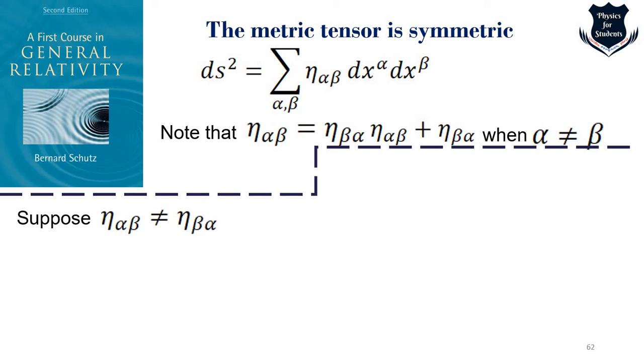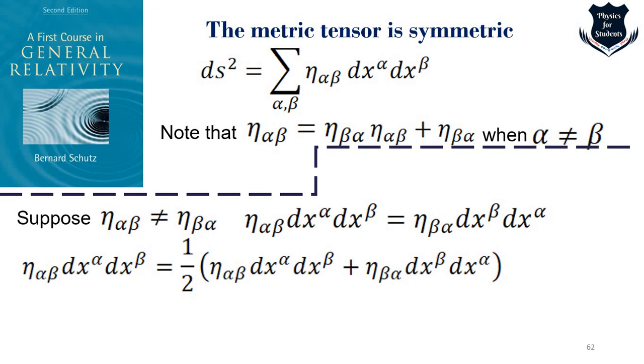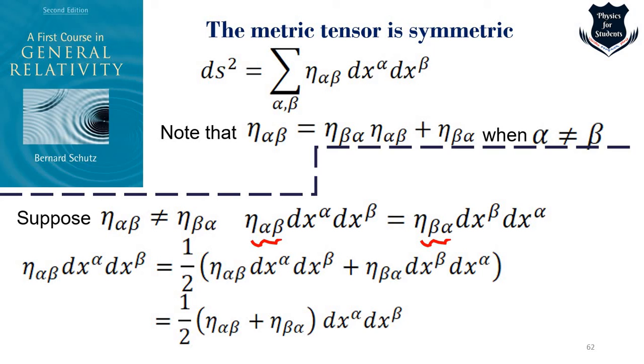Suppose we take this, so alpha beta, this one is not equal to this. On computing we get this and this and this. Now you see what is done: I have taken these two indices and just swapped them, right? But although I have swapped the indices, I have not considered the anti-symmetric part, so I have not established that the metric is equal to its symmetric components.